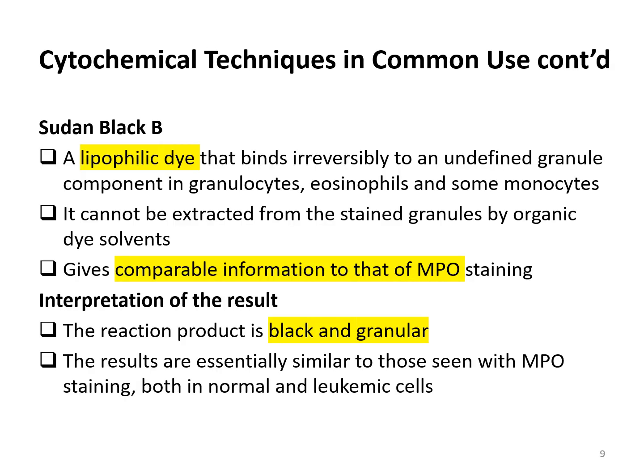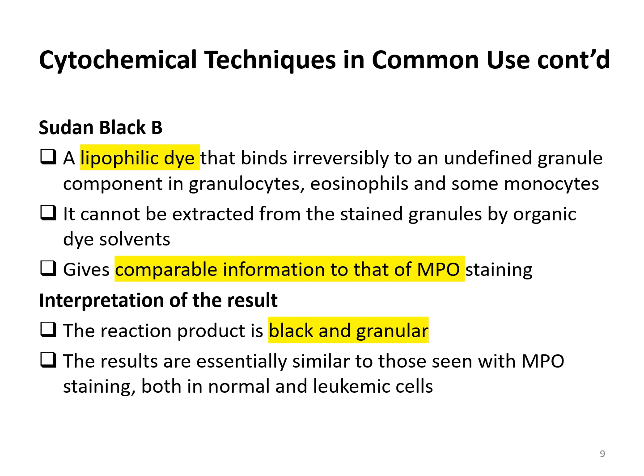Another stain that we can use to differentiate the different cells is Sudan black B. This is a stain that binds to lipids, and it irreversibly binds to certain components in the granules of the granulocytes, eosinophils, and some monocytes.